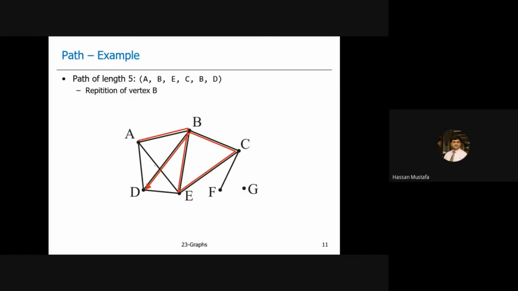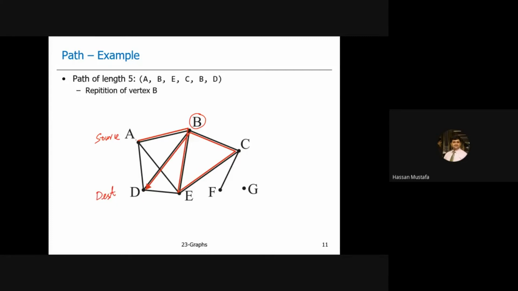Similarly, in this graph, consider this specific path that starts from A to B, then B to E, E to C, C to again B. Now this B is repeated in this path, and from B to D. So A is the source node and D is the destination.